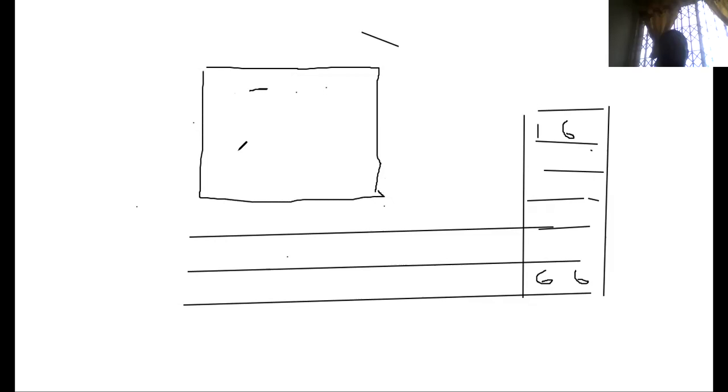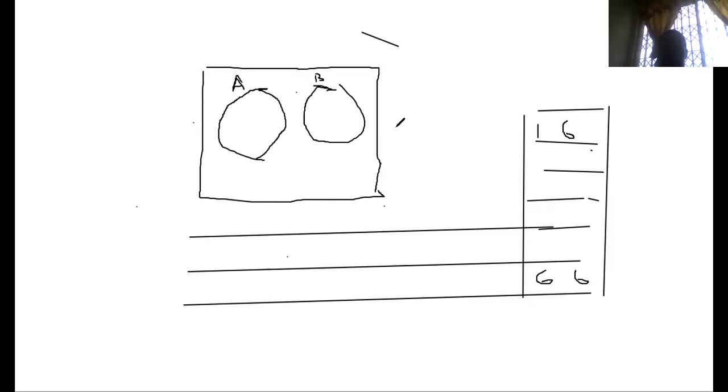So if you have an event A and then we have another event B, and they are not intersecting like this, then this is mutually exclusive.